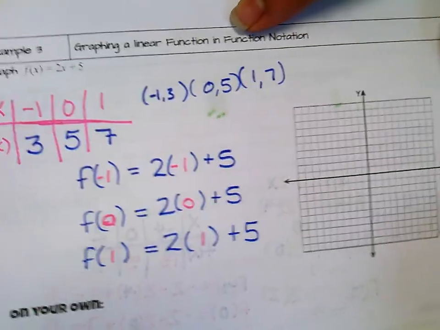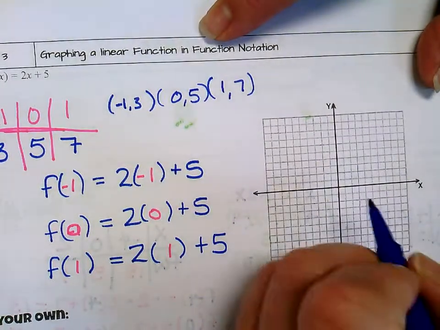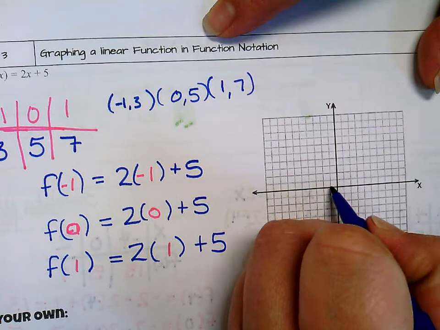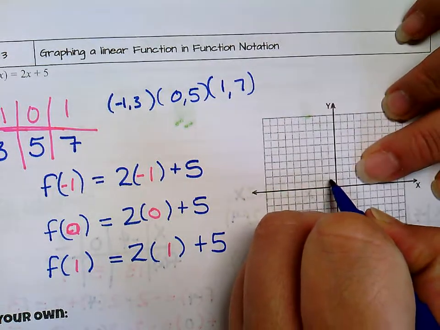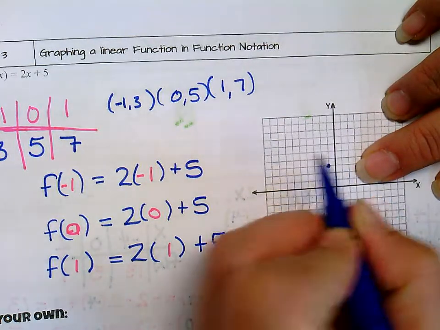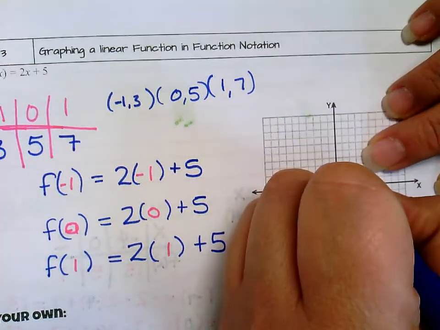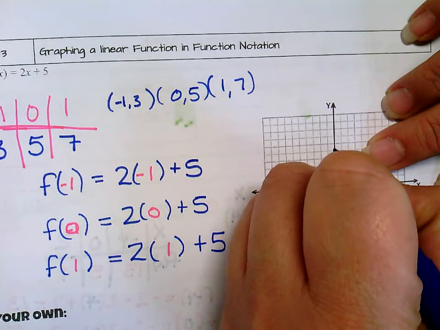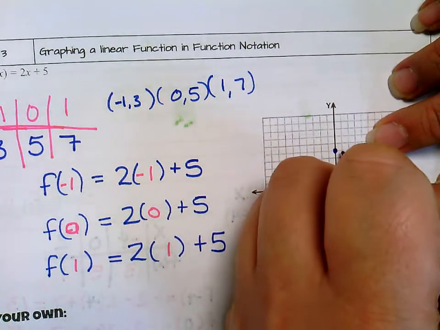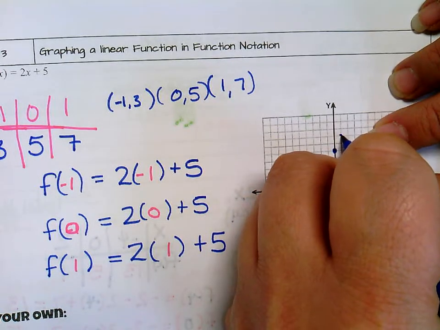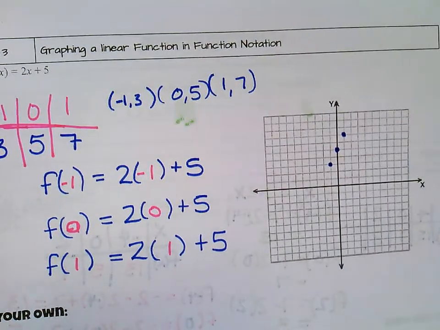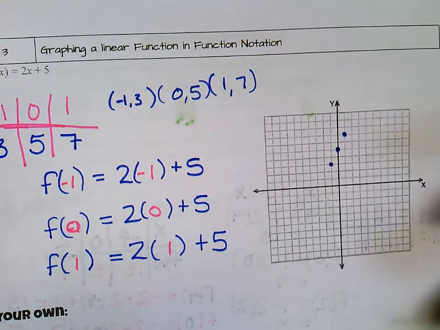So I'm just going to go ahead and plot those. So -1, up 3. 1, 2, 3. There's 1. Over 0, up 5. That's 3, 4, 5. And then over 1, up 7. 5, 6, 7. That looks promising. Okay.